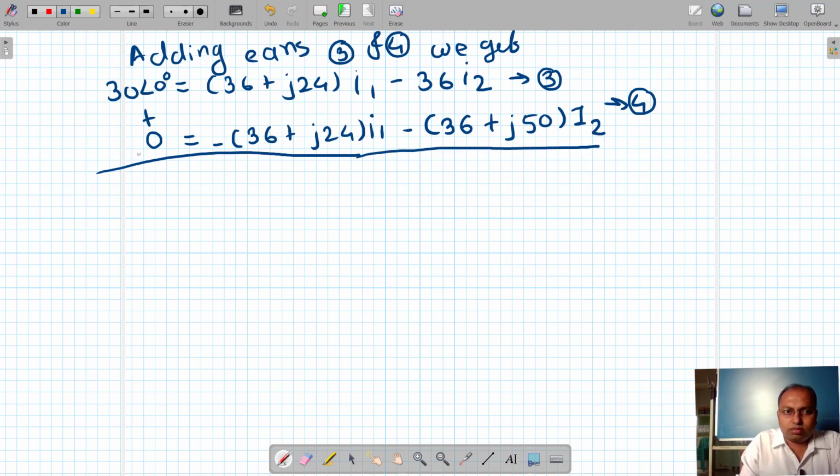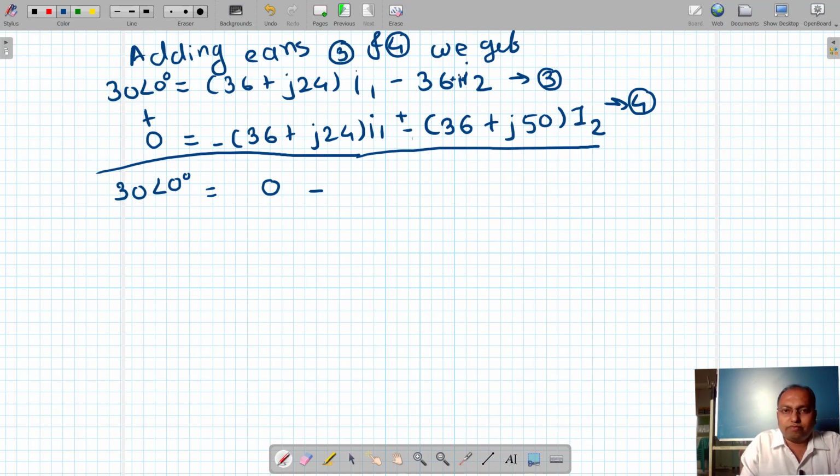0 added with anything is that value only. So 30 angle 0 is equal to, this is going to become 0 minus, now there is no j term for this one, so we can assume that it is plus j0.